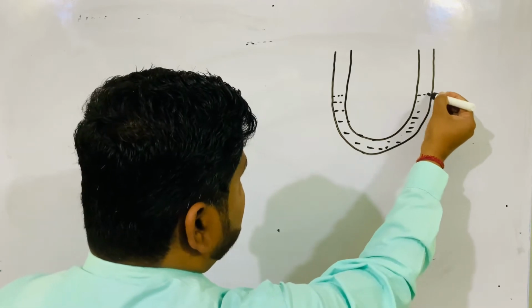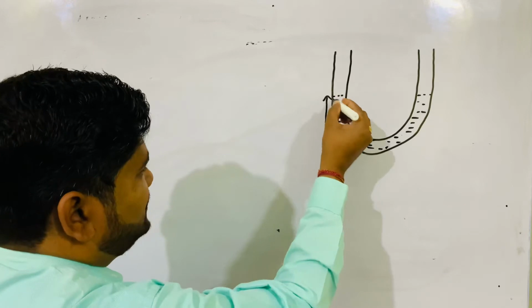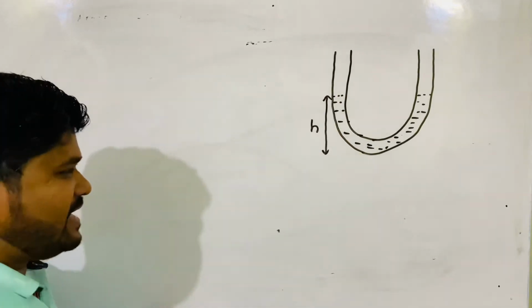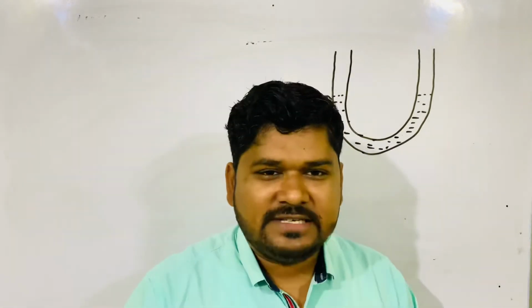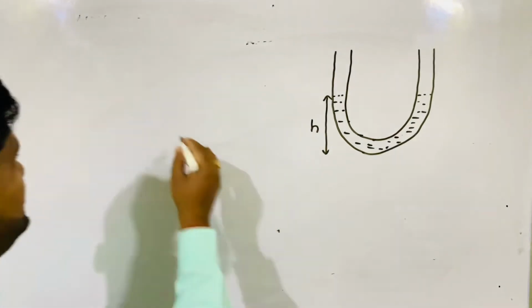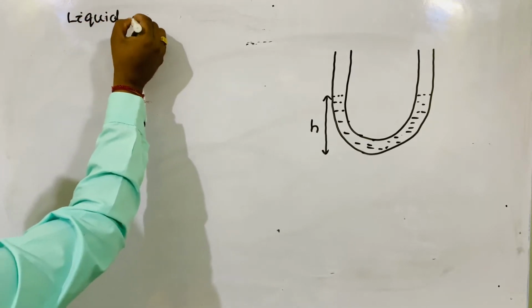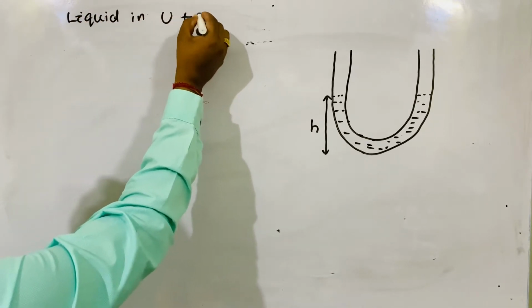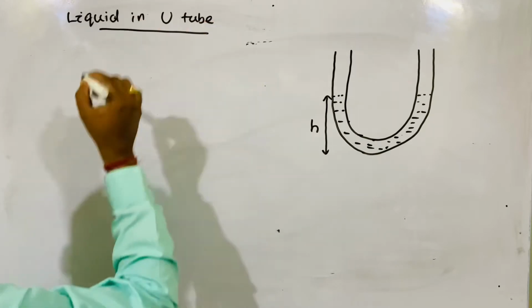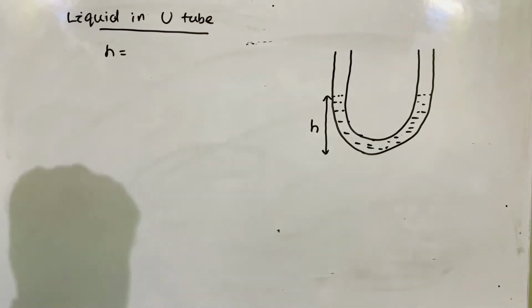So in both sides the height will be maintained. Suppose this height is h. Let's take h is the height of liquid in each limb.